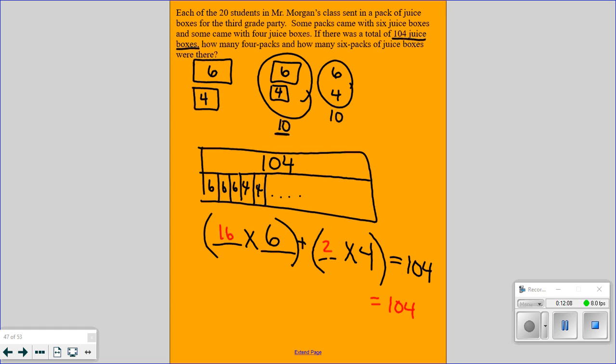All right, if I break apart 16 into 10 and 6, 10 groups of 6 is worth 60, and then 6 groups of 6. What is 6 groups of 6 worth? What's 6 groups of 5?